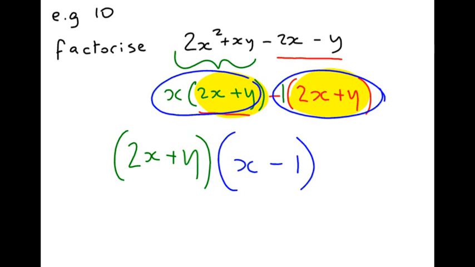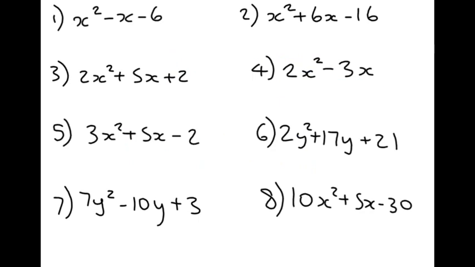Okay? Pretty tricky question there. Quite a weird one. Okay? But like I said, I was going to put in some extensions, challenge you a bit. Moving on. Some questions for you to try. Same routine as before. Pause the video, have a go, and come back and join me again for some answers.